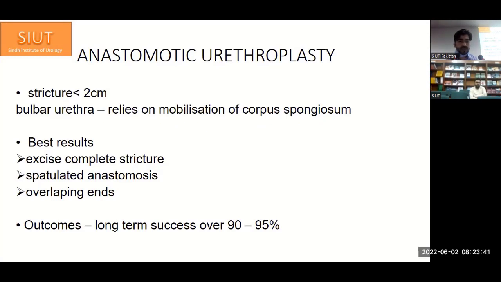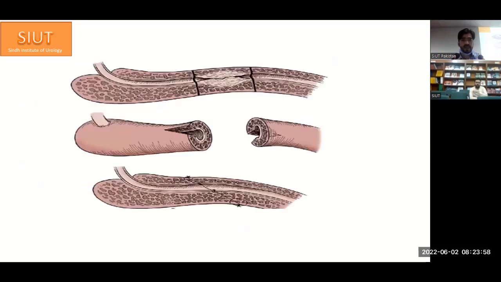For a stricture less than 2 centimeters in the bulbar urethra, it relies on mobilization of the corpus spongiosum. The complete stricture is excised, the ends are spatulated and anastomosed with overlapping ends, with long-term success of 90 to 95%. This picture shows the stricture urethra, and this is the excision and anastomosis.